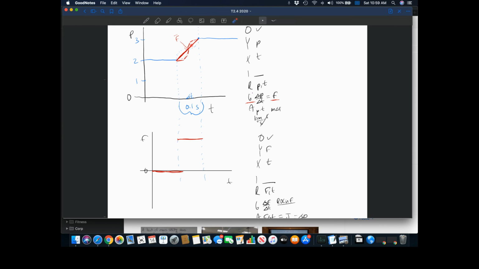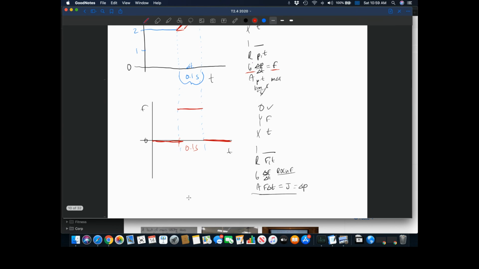The graph above, we said constant slope, which means constant force. Here we're showing constant force. And then when the hand is no longer pressing on it, we have zero force again. So we show no force up until a certain amount of time, and then we apply that force for 0.1 seconds. And it's during that time, that force is being applied, that we see an impulse.